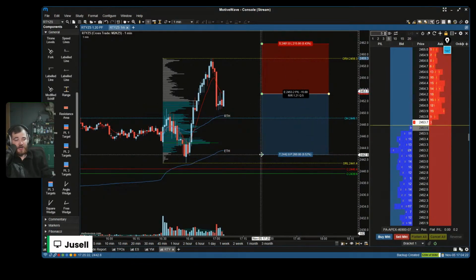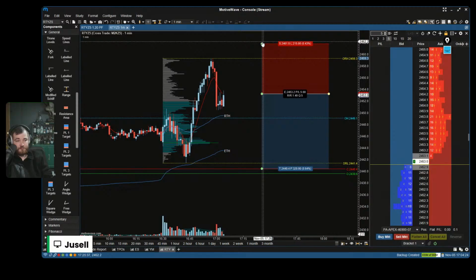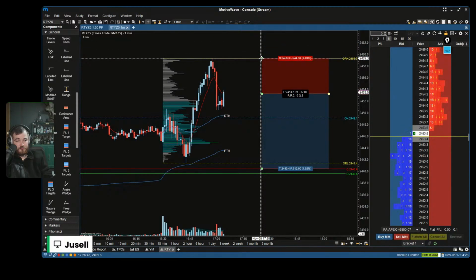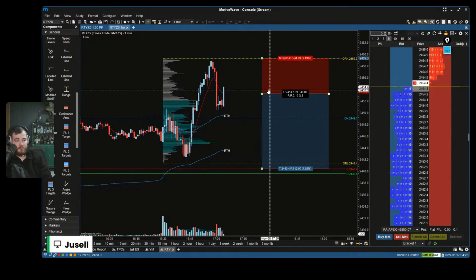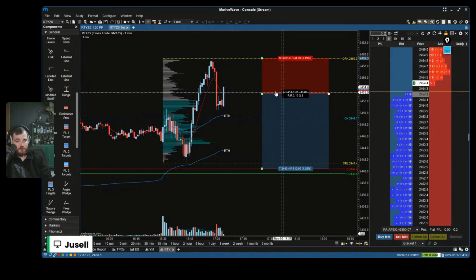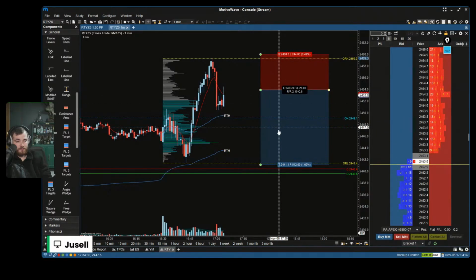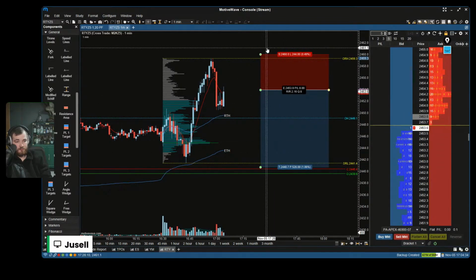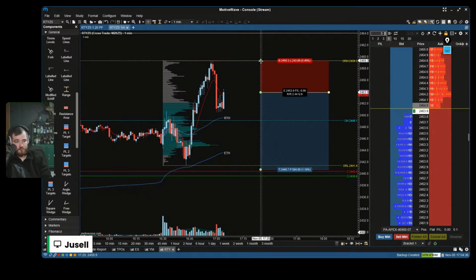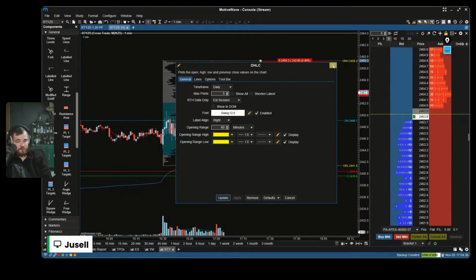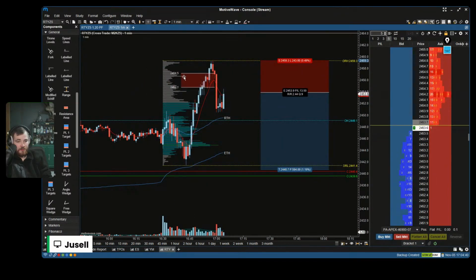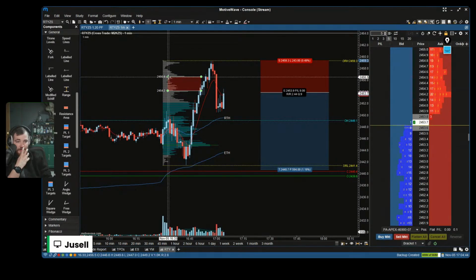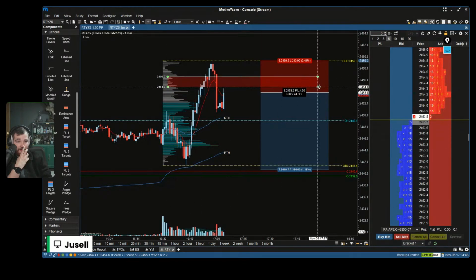All right, now we're having a move back. This is going to be an area where you can start to look for an entry.